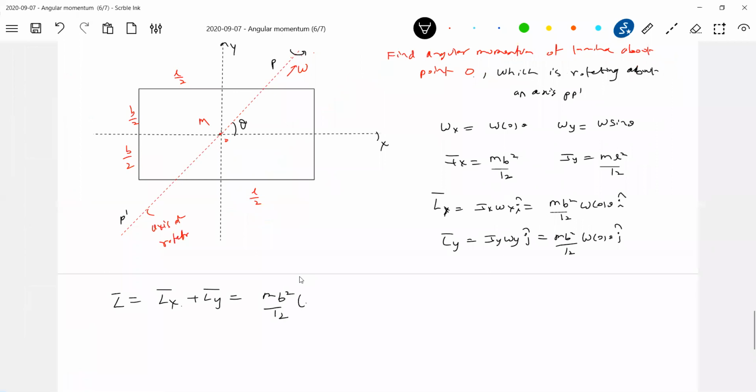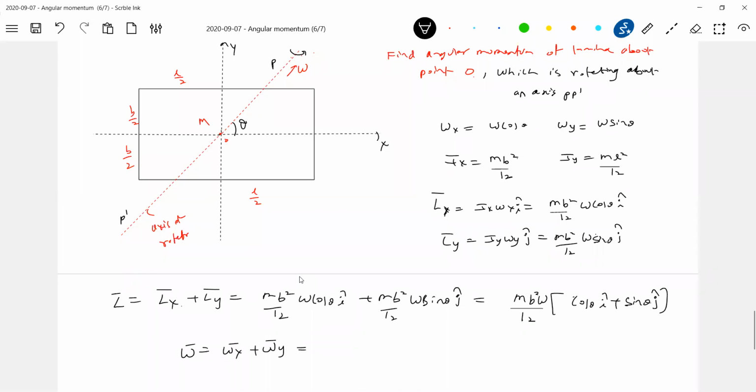This will be equal to m b square by 12 omega cos theta i cap plus m omega by 12 l square sine theta j cap. Oh, wait.